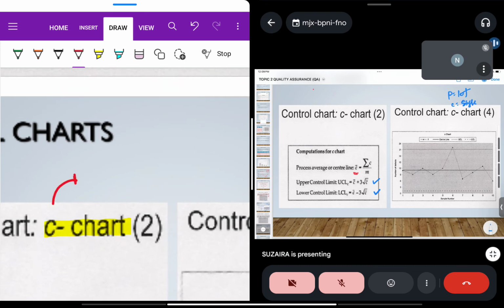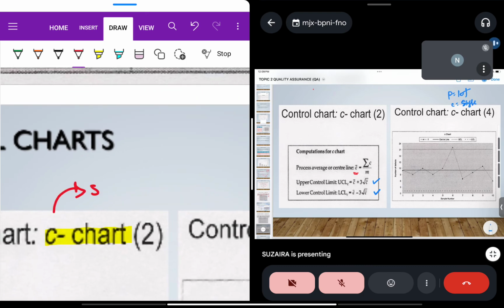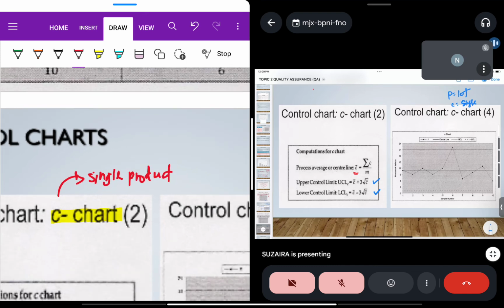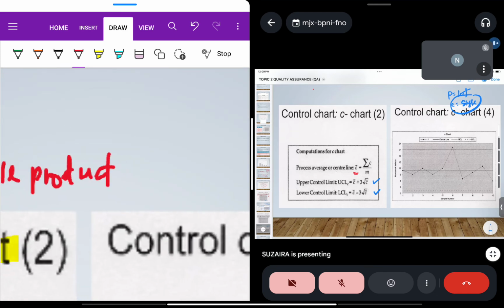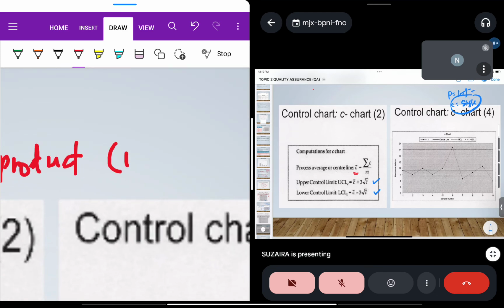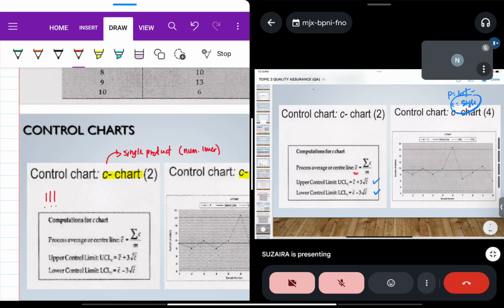You have a single product which is focused on, so the number is a bit lower, compared with the lot, where you draw inferences or conclusions towards one big lot, one big number.